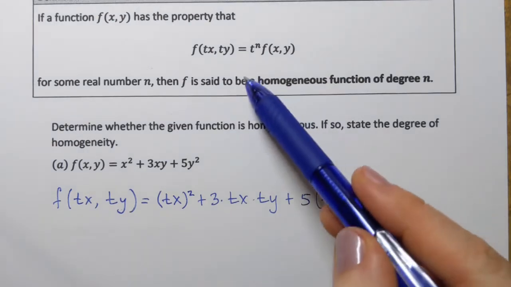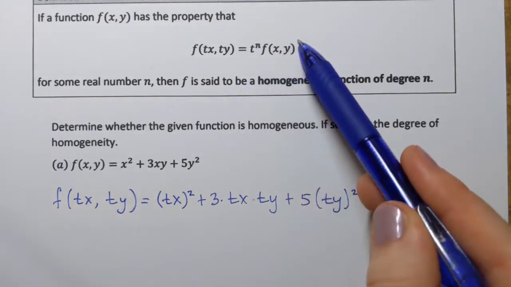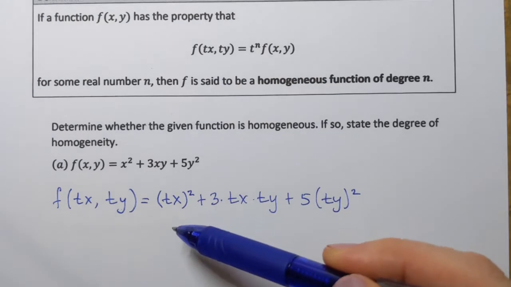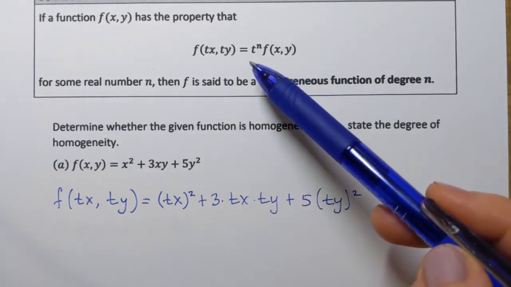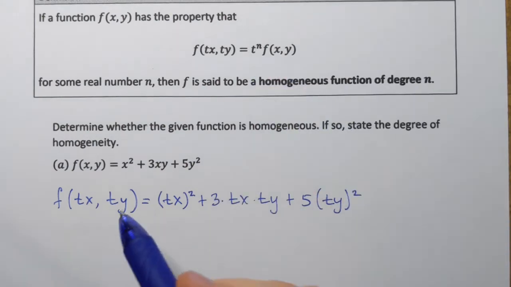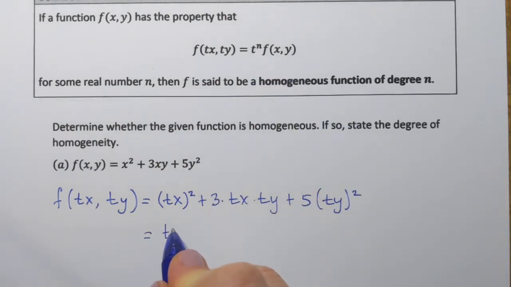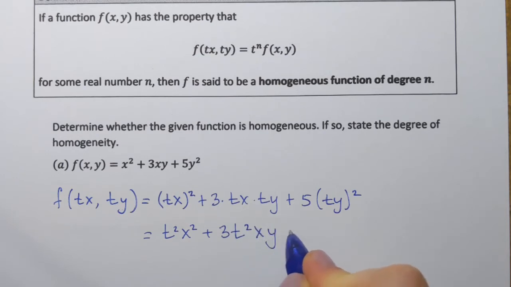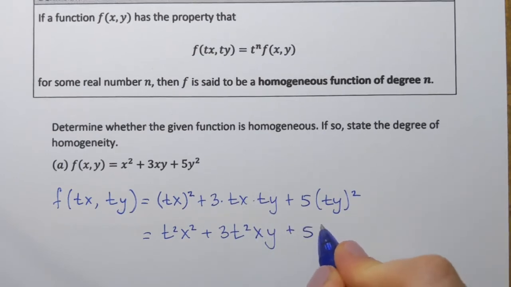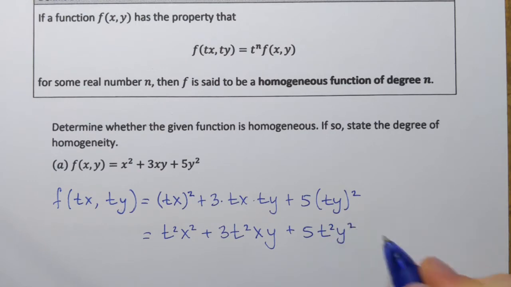Now my goal is to verify if I'm going to obtain this kind of form, and for that I'm going to simplify my expression as much as I can and factor out t with the highest possible power. Okay, so we're going to get t squared x squared for the first term. The second term is 3, t times t is t squared, x y, plus 5t squared y squared.